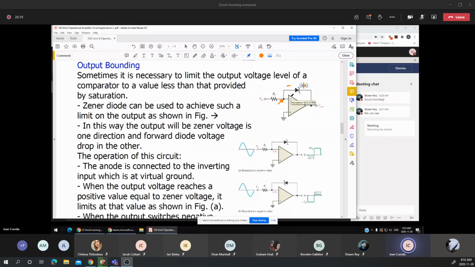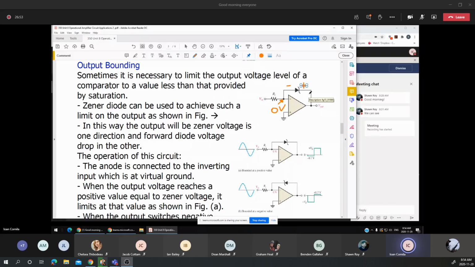This means the Zener diode is connected to the ground level, or a virtual 0 volts, and based on the level of the output voltage, the diode may act as a regular diode, which means that a positive potential is applied on the anode and a negative potential is applied to the cathode.